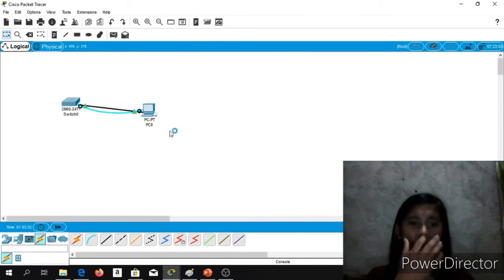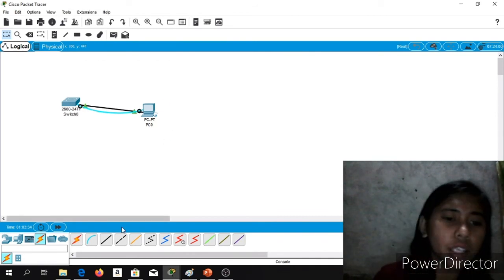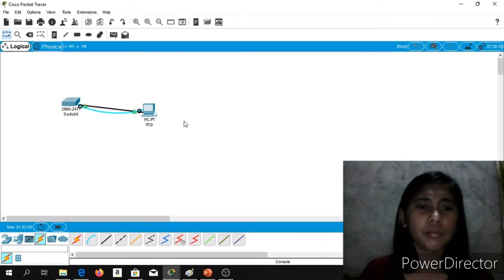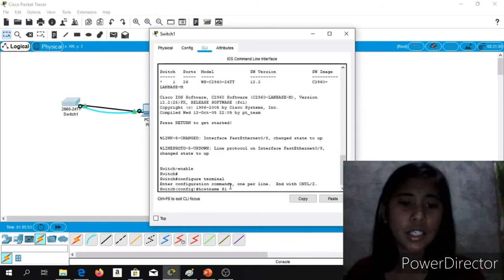Now that they are both color green with a triangle, you can proceed to input some valuable information regarding this Packet Tracer switch.